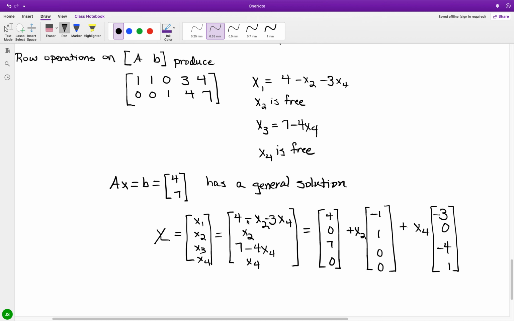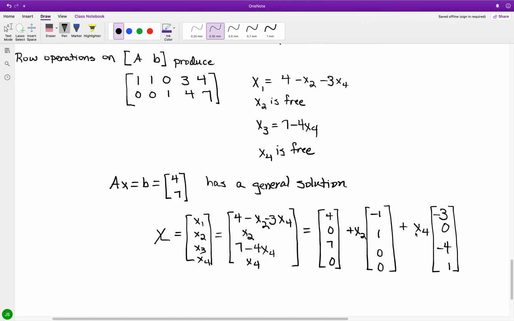So from the first items, with the constants, I have 4, 0, 7, 0, and then forming our next vector and factoring out x of 2, from the top I have -1, +1, and since x of 2 does not exist in the last two rows, we're going to fill in with zeros.